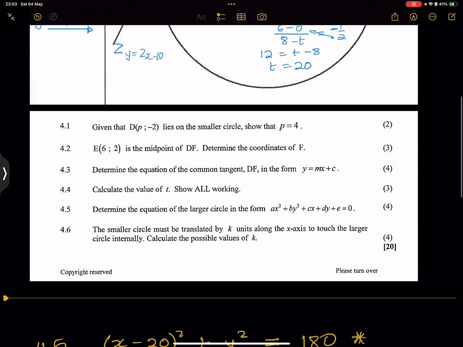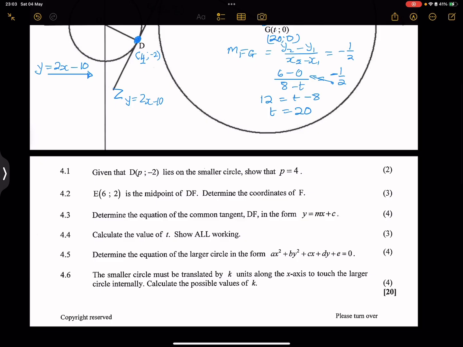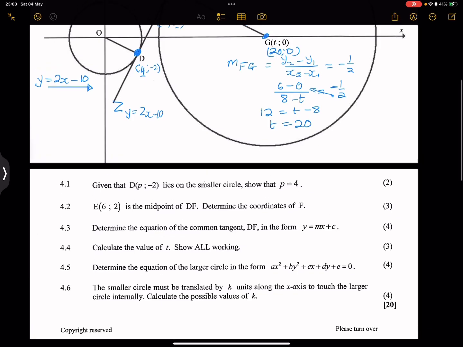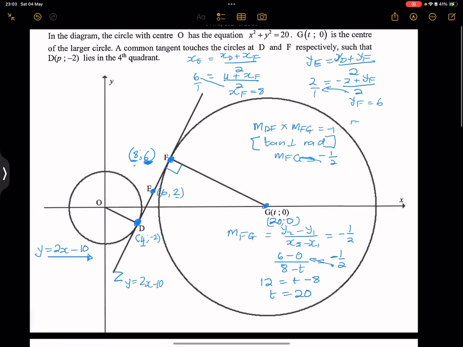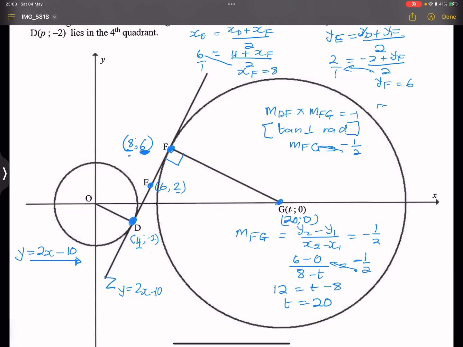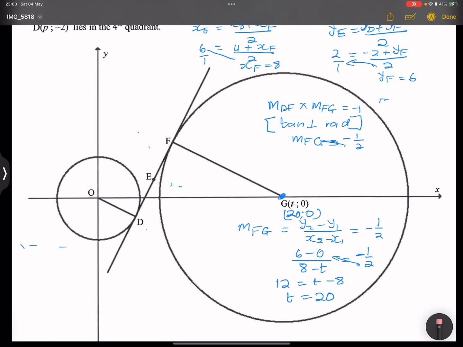Right, and finally, they say the small circle must be translated by k units along the x-axis to touch the large circle internally. Calculate the possible values of k. Now I think the trick in that question is they said internally. So I want you to just bear with me for a bit, ladies and gents.